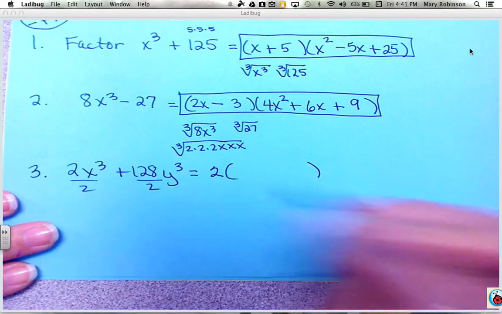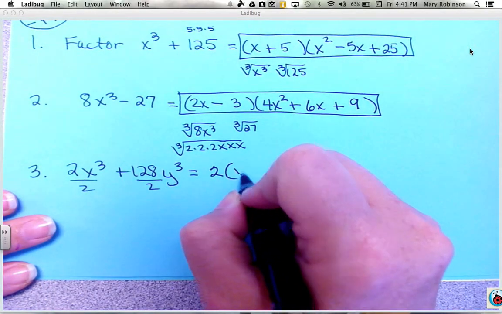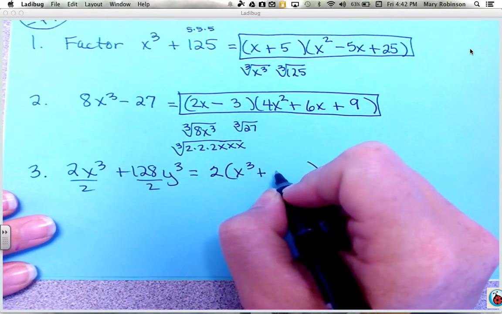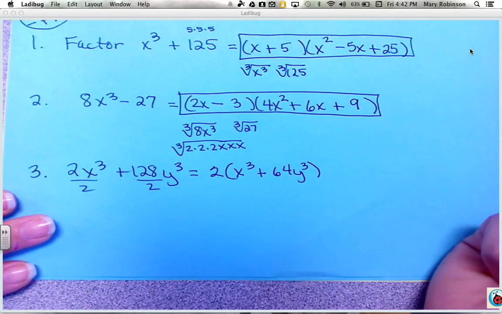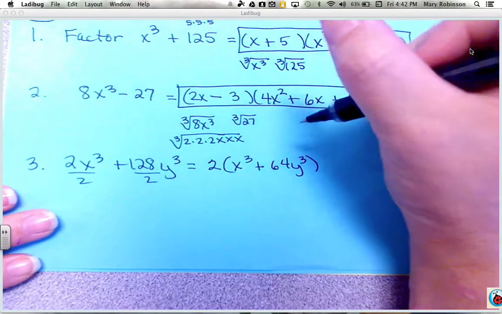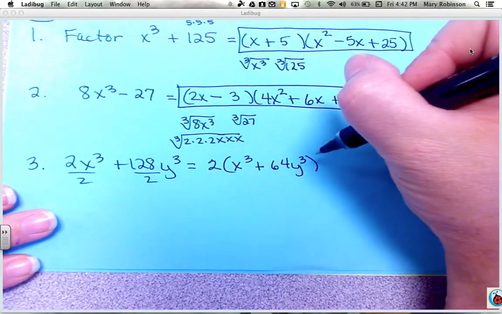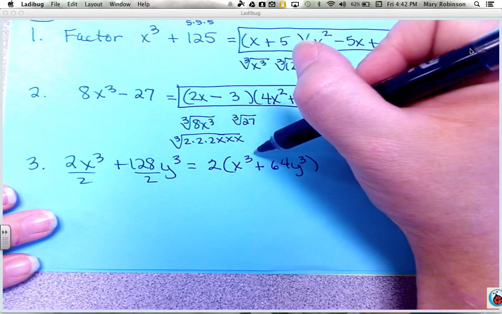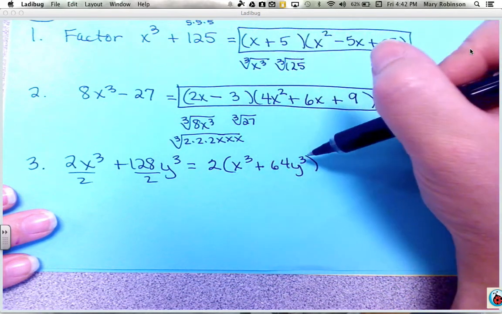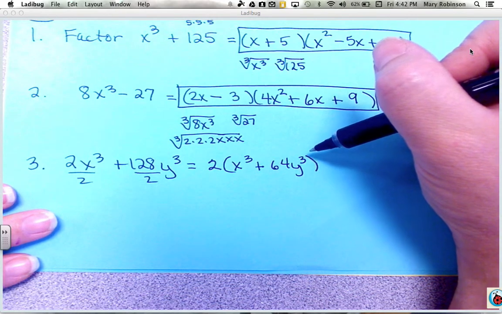So if I take that 2 out there, then that's going to leave me with x cubed plus 64y cubed. Well, now that I'm here, I recognize, oh, my exponents are 3. Recognize, though, that we can have a cube root if our exponents are multiples of 3.